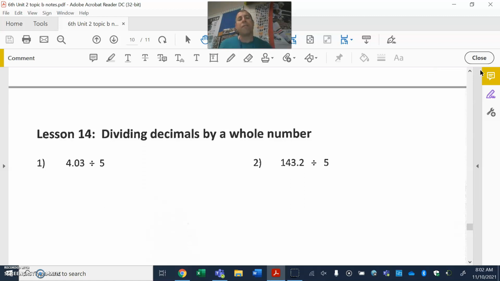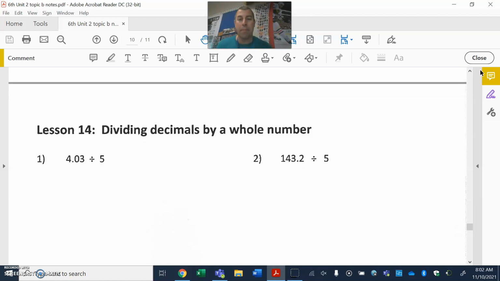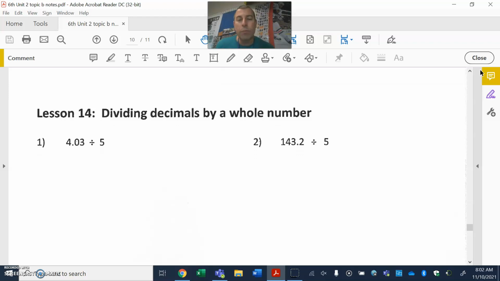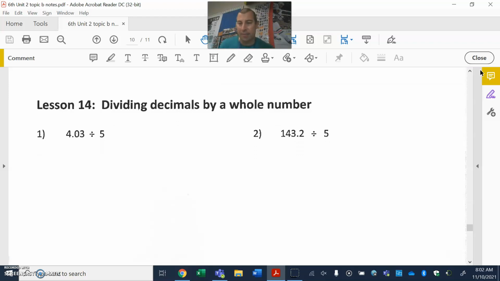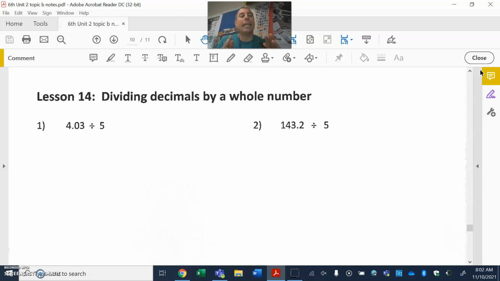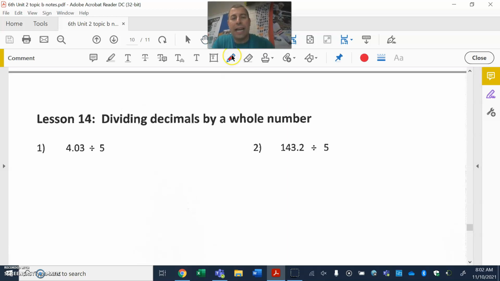Okay, so we are dividing decimals by a whole number. The thing we want to keep in mind here is that it's legal in math world to add zeros onto a number as long as you're to the right of the decimal. We've seen this before when we were adding and subtracting with our decimals. If we had the number 12 and we're like, where's the decimal at?